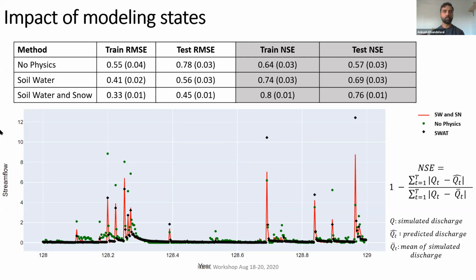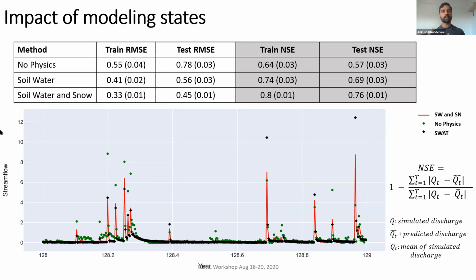So we have two columns. One is the training RMSE for the first 120 years, and then the test RMSE for the last 80 years. The numbers in the brackets show the standard deviation across 5 different random runs that we did for each of these scenarios. The first row gives us the information when we are not using any physics.